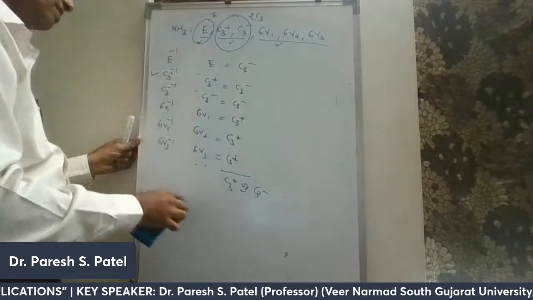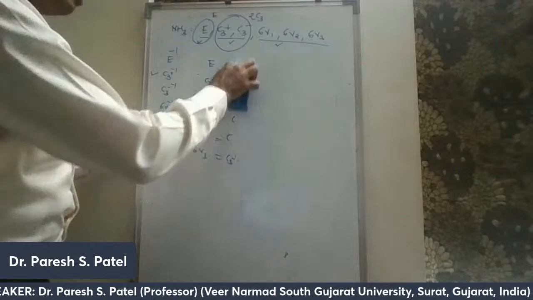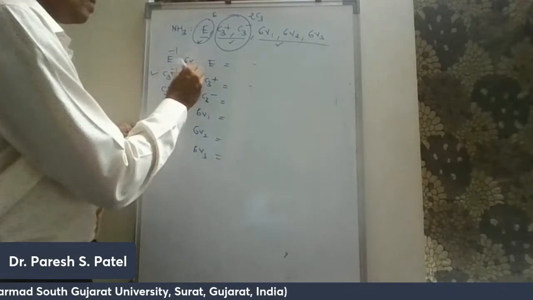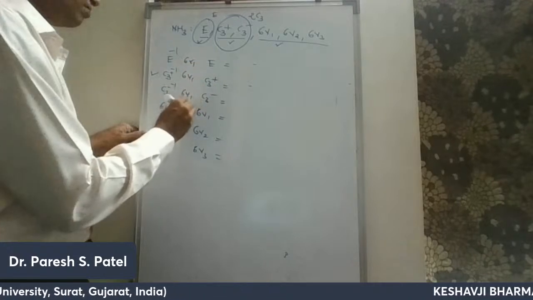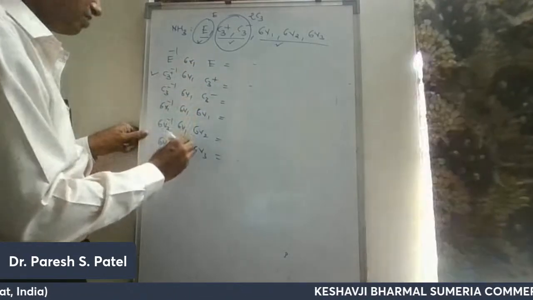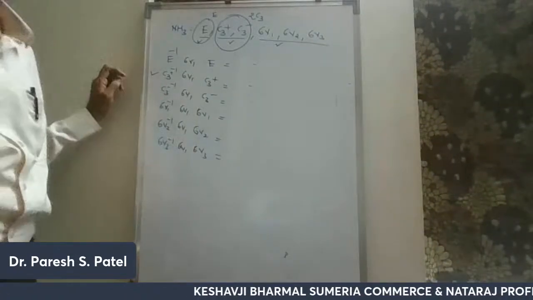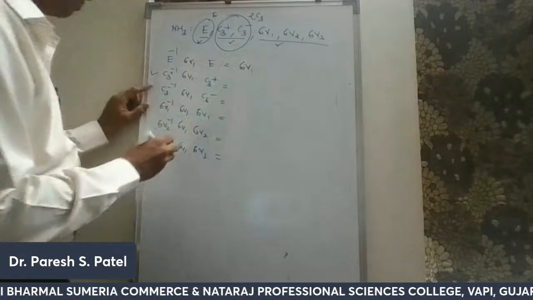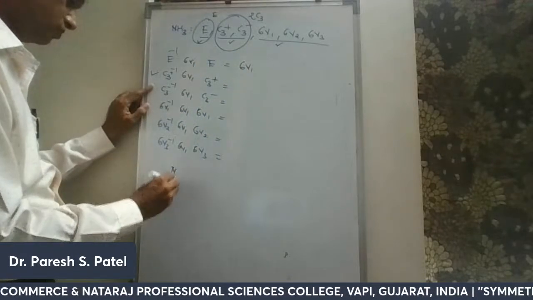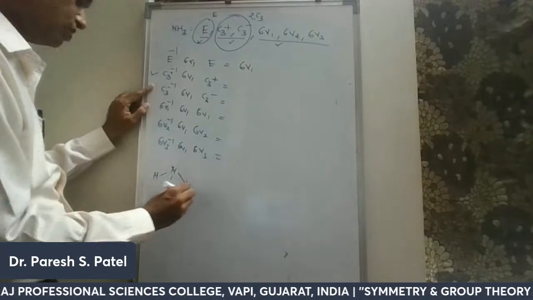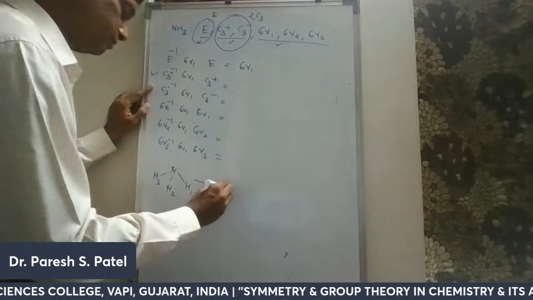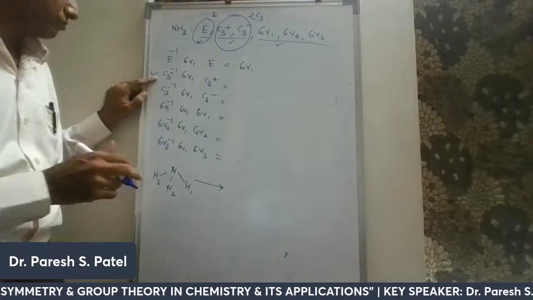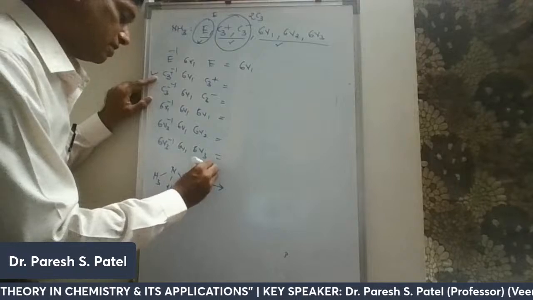Now the last one is sigma V1, sigma V1 inverse. You can take sigma VA, sigma VB, sigma VC also. What will be the result? Sigma V1, hydrogen 1, 2, and 3. C3 plus inverse.